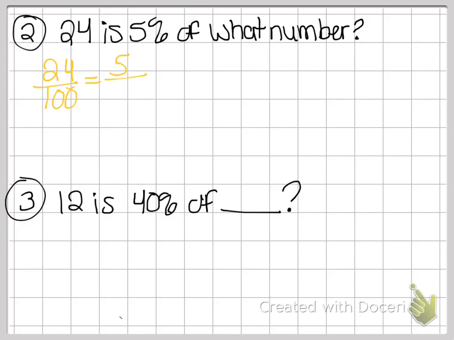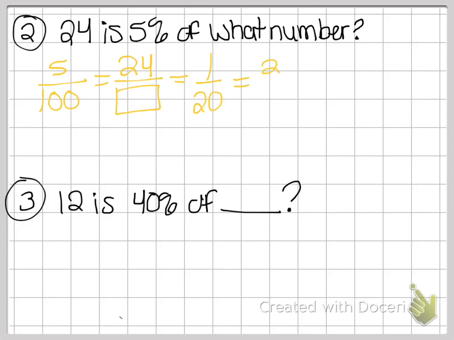Oops, I got this totally backwards. 5% over 100, there we go, is equivalent to 24 of some number. Start off by simplifying that percent, so 5 over 100 simplifies to 1 over 20.